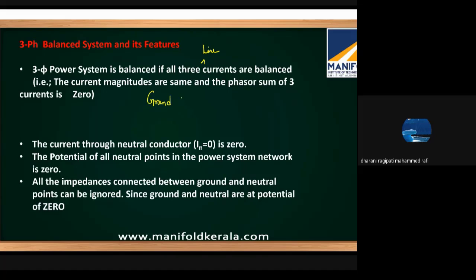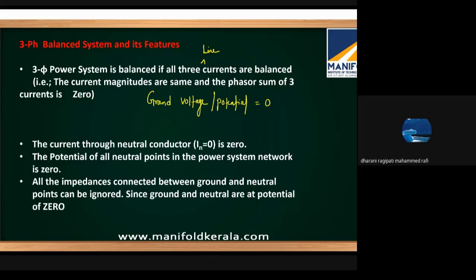Ground voltage or potential is 0. This is the reference that we take to measure all voltages. What is the reference? Ground voltage. We always treat the potential of the earth as zero potential, and we take this voltage as the reference to measure all other voltages.